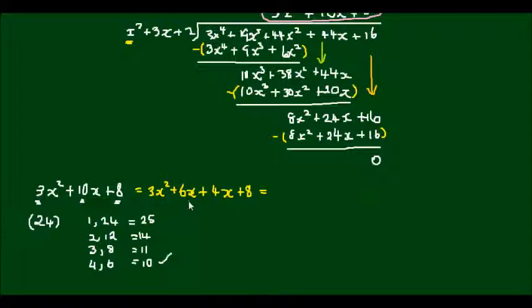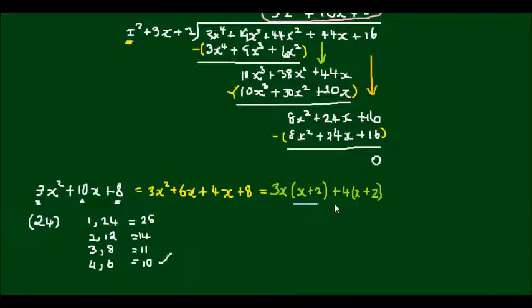So in the first two terms I can factorize out a 3x. I'll write that in a different color, 3x, and I'm left with 3x outside of x plus 2. And in the second set of terms I can factor out a 4, and I'm left with 4 outside of x plus 2.